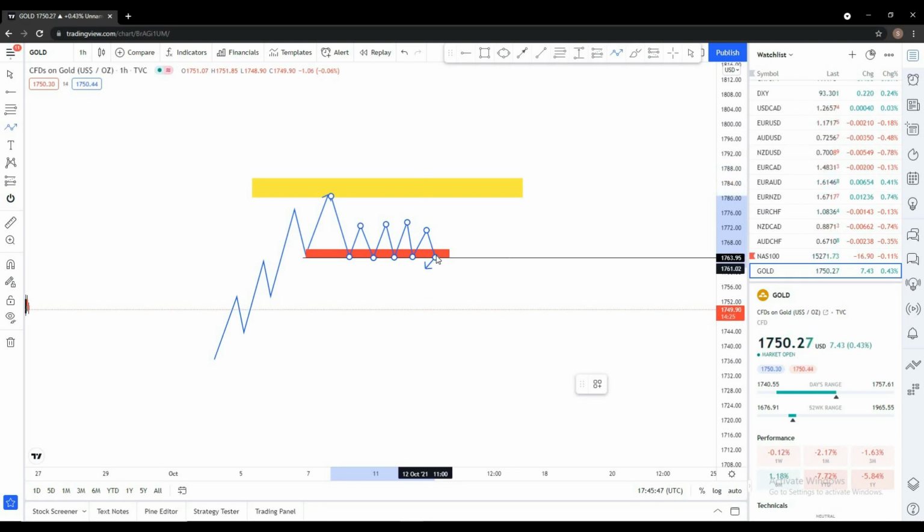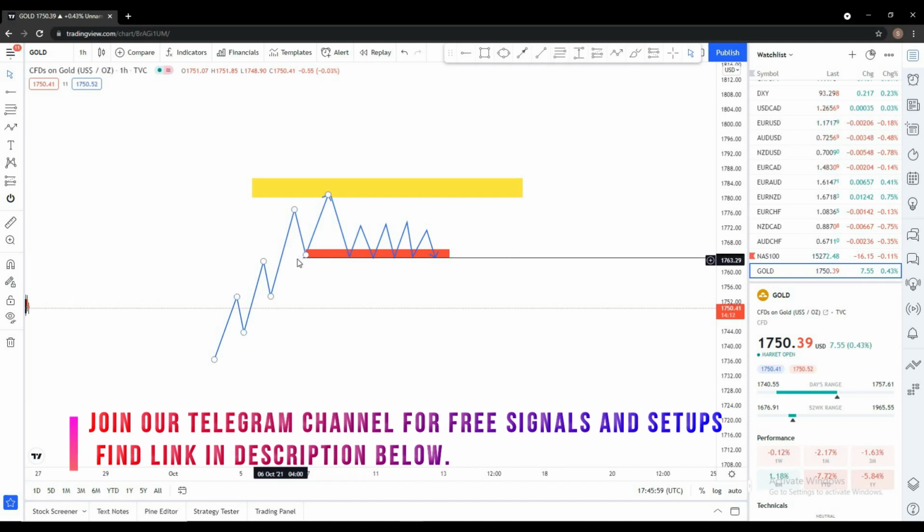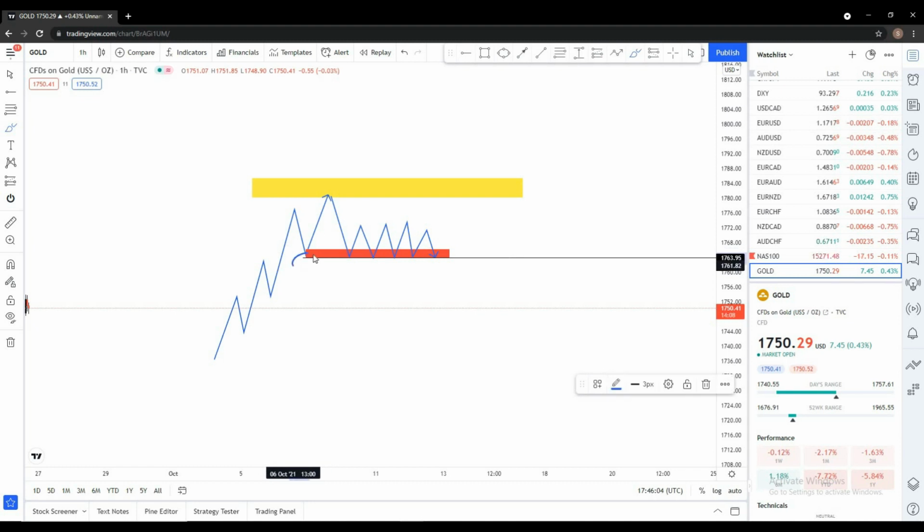So in this case, what do we have? We have identified the first leg. We can see that price is moving away from your supply zone. But right now, as price is right here, price hasn't really broken the previous structure. So we still have this higher low right here in action.